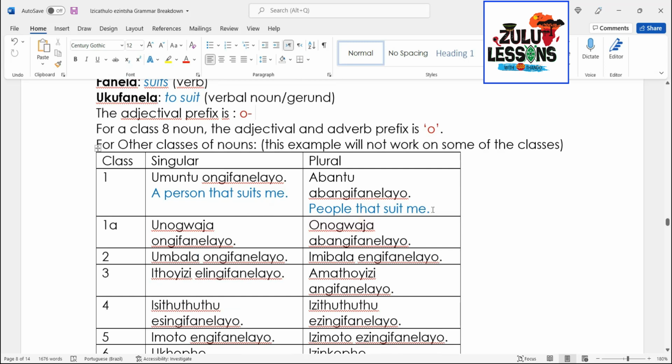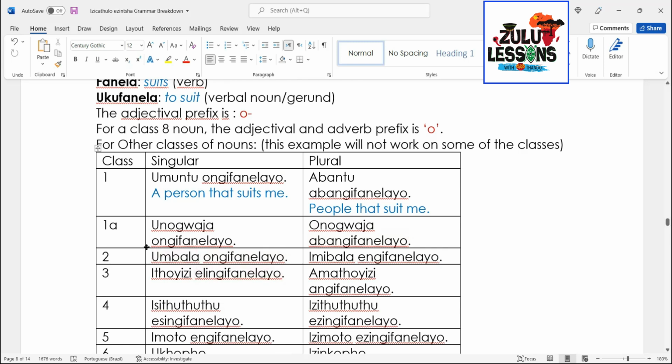If we are doing this in plural, we are saying abantu abangifanelayo. People that suit me. Abantu abangifanelayo. That yo at the end signifies that this is an adverb. So unogwaja ongifanelayo, that's a class 1a noun. Unogwaja, which is a rabbit.